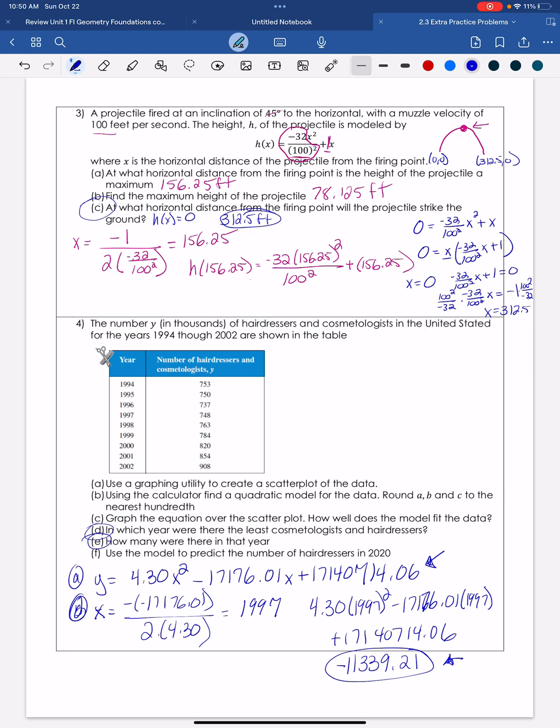Use the model to predict the number of hairdressers in 2020. You would just plug in for x into the equation. You'd plug in 2020.